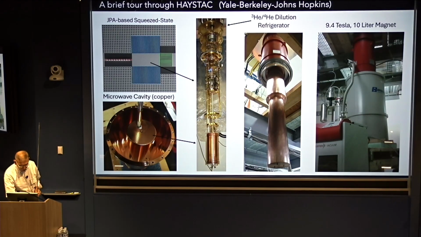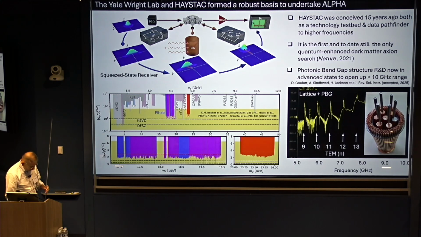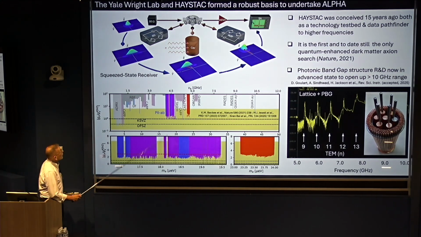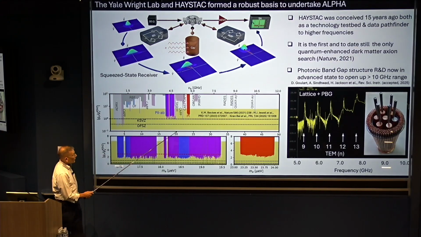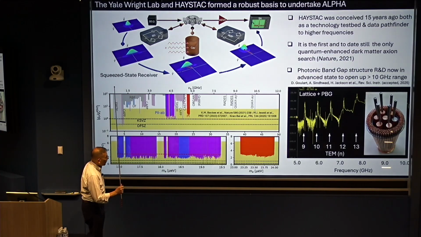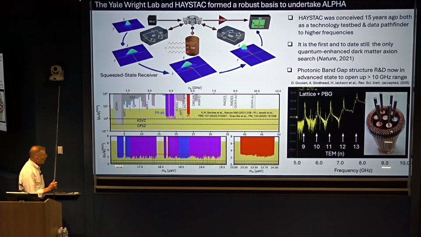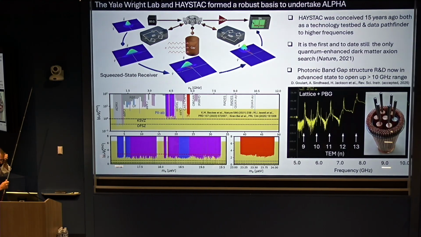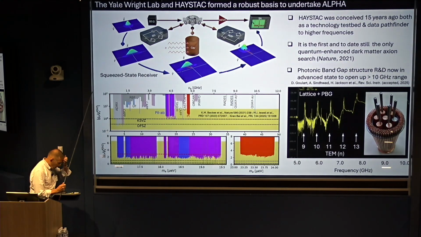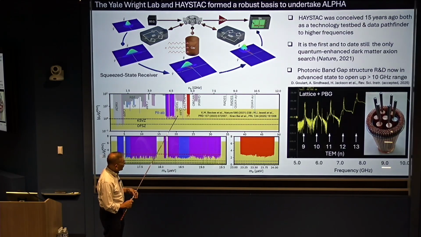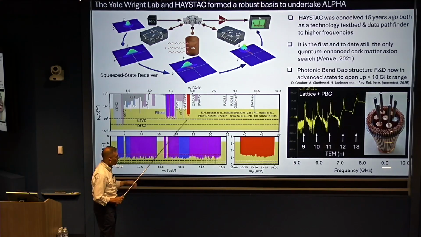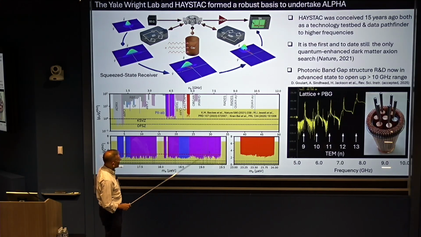And this is Haystack, the significance of which I want to point out, because it was the Wright Laboratory and Haystack which I think formed a good basis for a place to develop this new modality for looking at axions, which is a plasmonic haloscope to look in this higher frequency range. And we'll point out the significance of that later on.